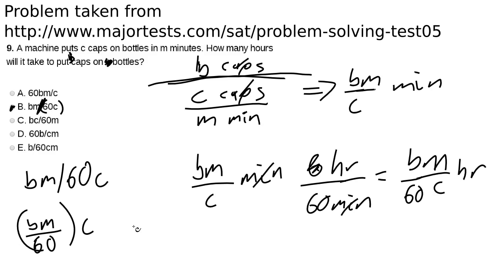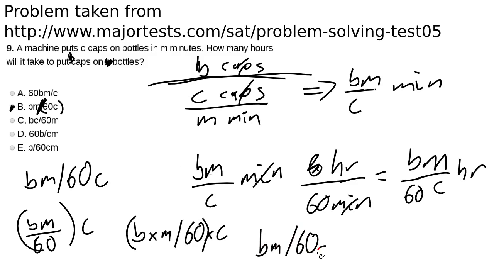So B times M divided by 60 times C is interpreted actually as B times M over 60, times C. I don't like the way that they wrote that, but when they write BM over 60C, that's kind of more just shorthand, so think of this line being a fraction, and really they're trying to write this. So I think that I've got my answer here.